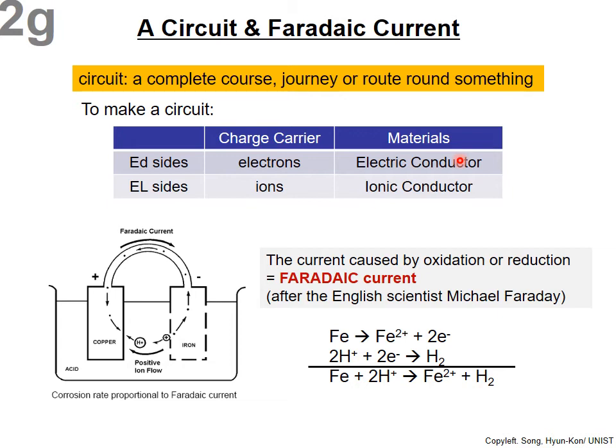Let me go to the electrolyte side. Of course, this is the ionic pathway. So the charge carriers of the ionic pathway are ions, not electrons, so it should be an ionic conductor. So the circuit is divided into two pathways. The first pathway is the electric pathway and the other is the ionic pathway.